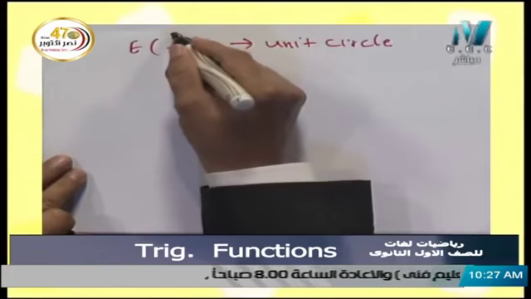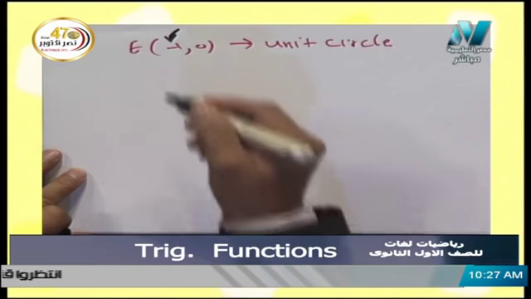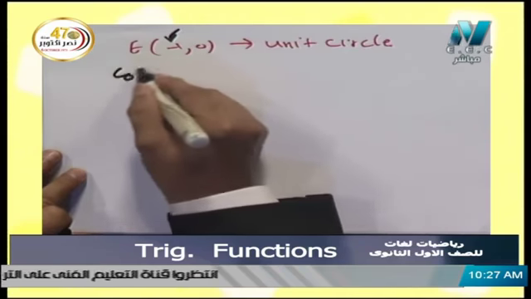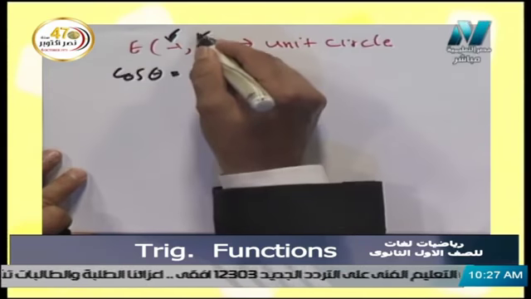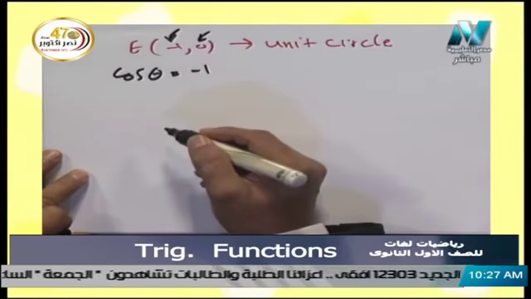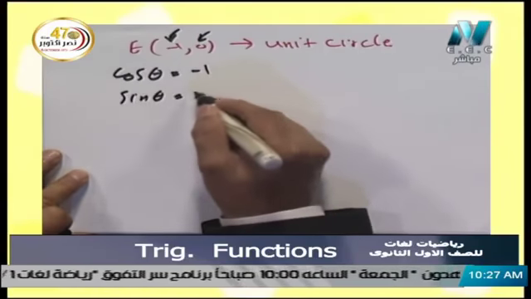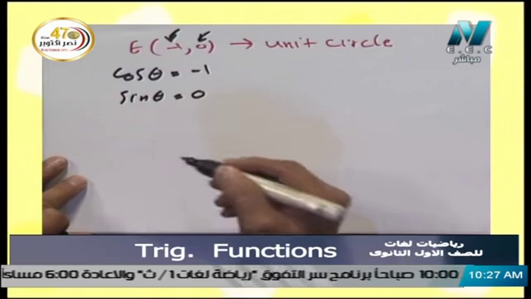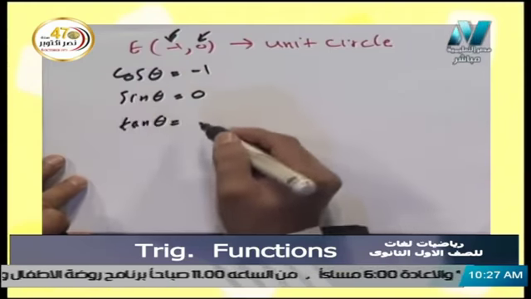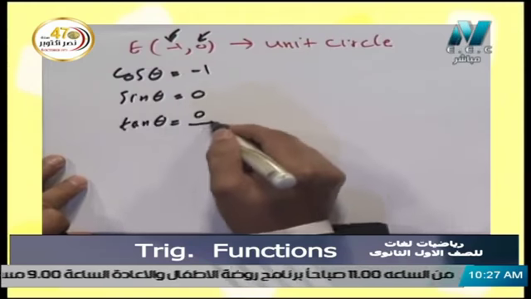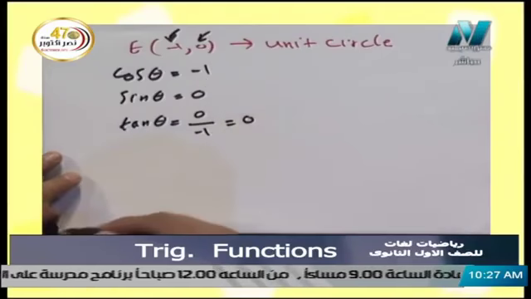We know that this part will be x, and x is cosine theta, so cosine theta equals negative 1, and the second coordinate is y, which is sin theta, so sin theta equals 0. And tan theta is sin theta, which is 0, over cosine theta, which is negative 1, so it's 0.